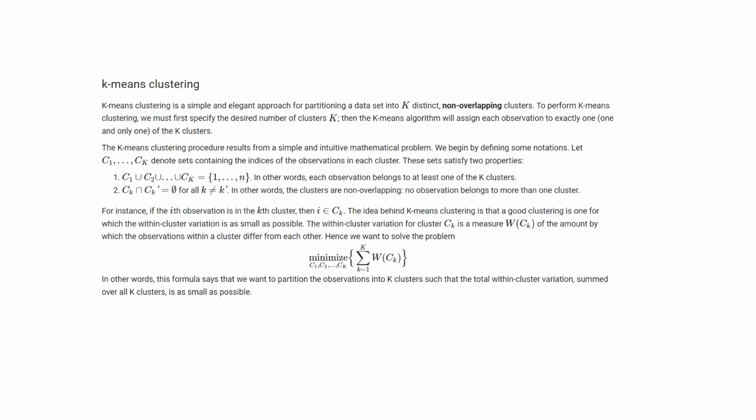Hence, we want to add all the within-cluster variations across the different clusters k equal to 1 to capital K, and then minimize this overall sum. In other words, this formula says that we want to partition the observations into k clusters such that the total within-cluster variation, summed over all the k clusters, is as small as possible.